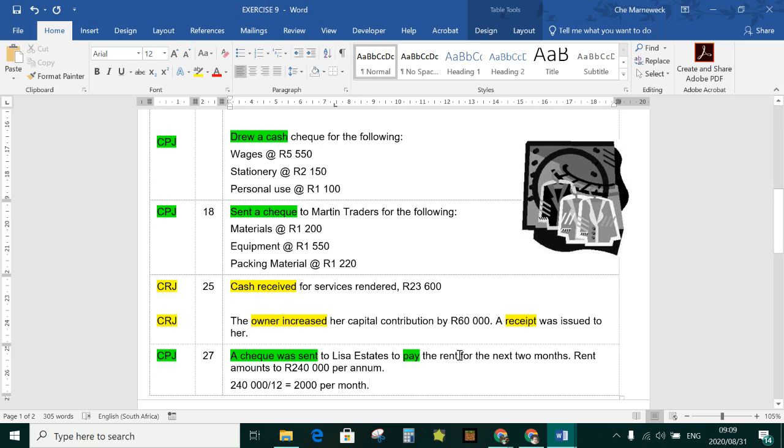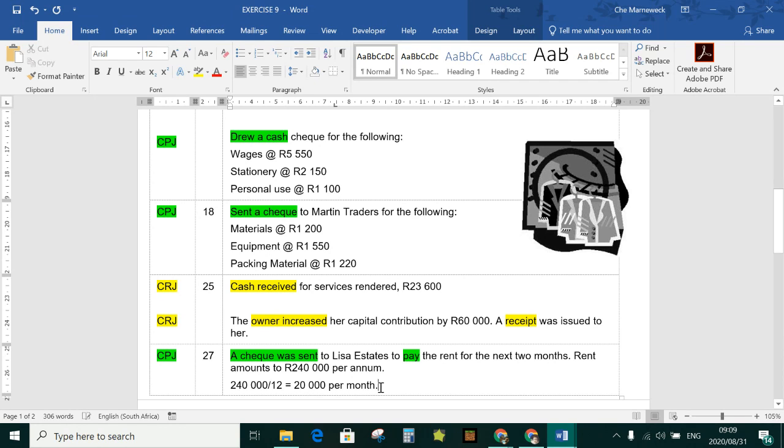They tell us we're paying the rent for the next 2 months. Sorry, that's not 2,000, that's 20,000. 240,000 divided by 12 is 20,000. So we are paying the rent for the next 2 months. So we need to work out not just 1 month, but 2 months.